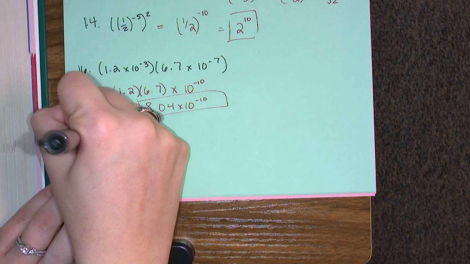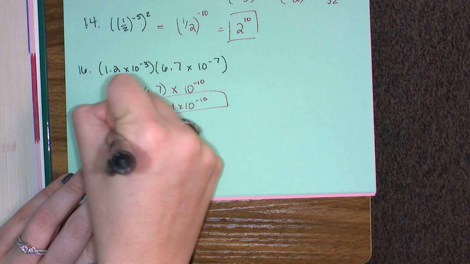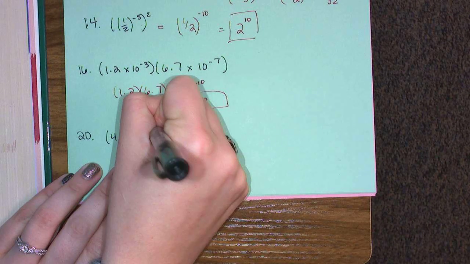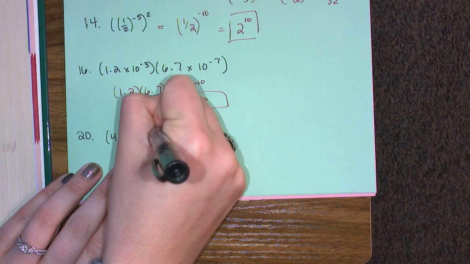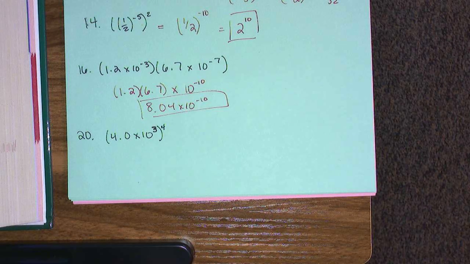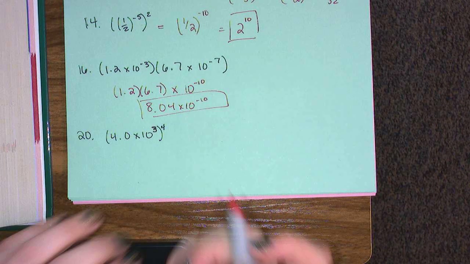Let's see, 20: 4.0 times 10 to the third, raised to the fourth. So what do I have here with this one? So what is that going to give me?